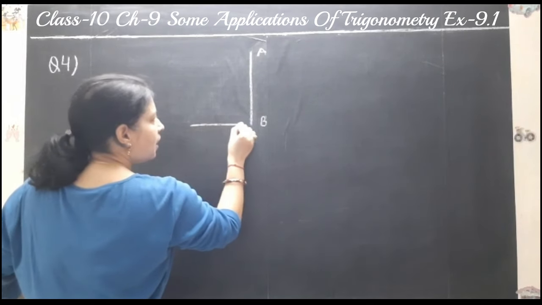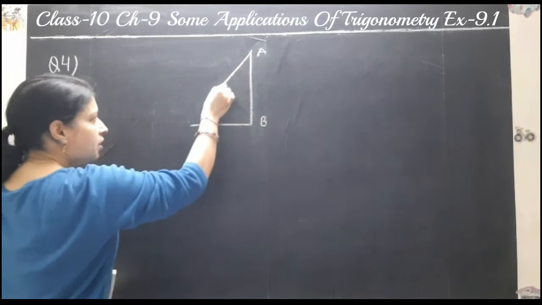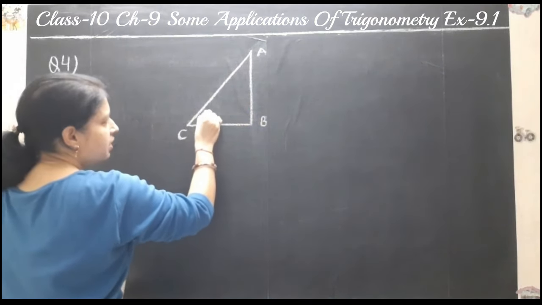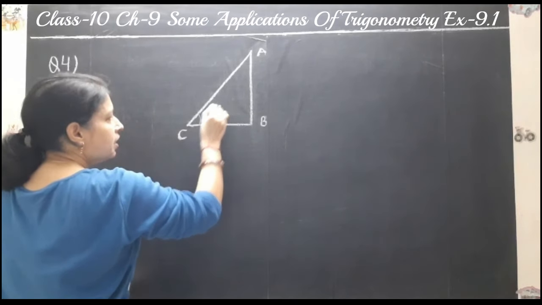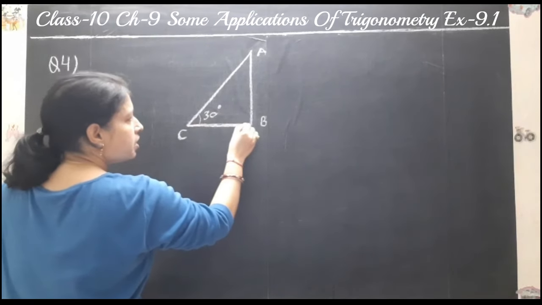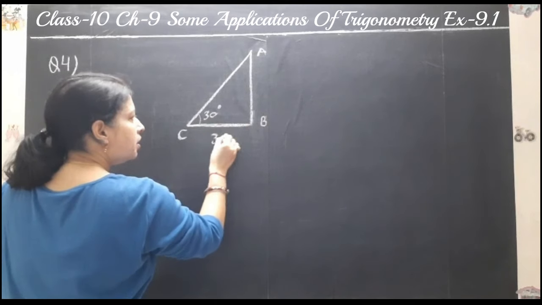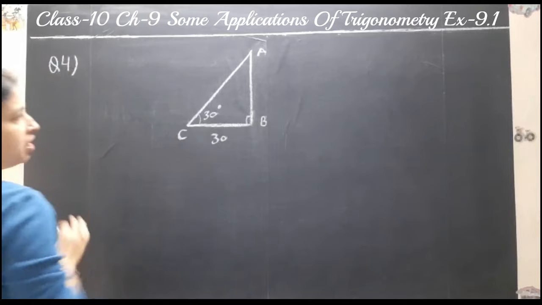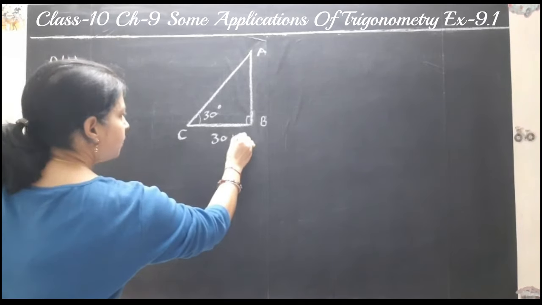And angle of elevation is given, this one. Suppose this point is C and this is given 30 degree. And this point is at 30 meter from this point. So this will be a right angle. So first write what is given.